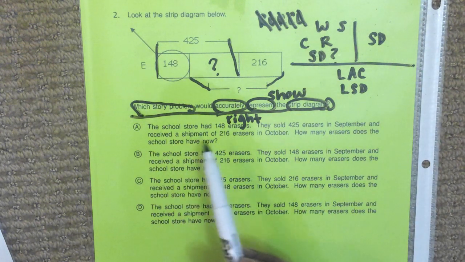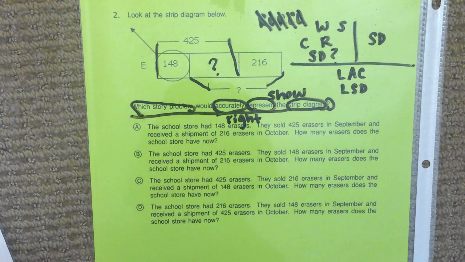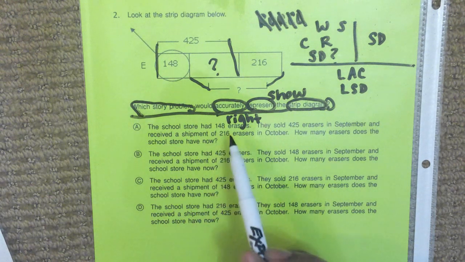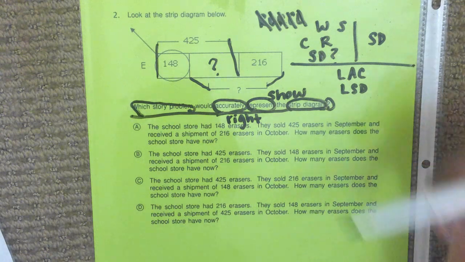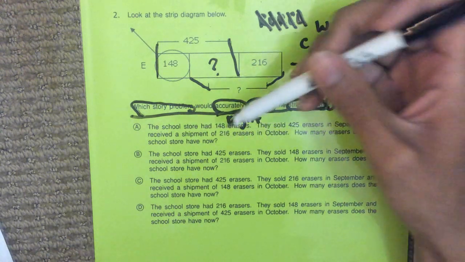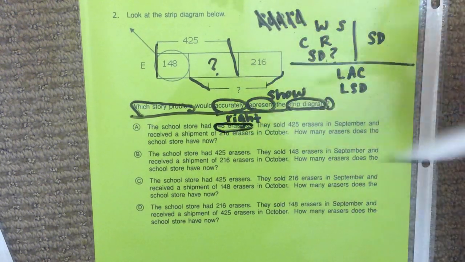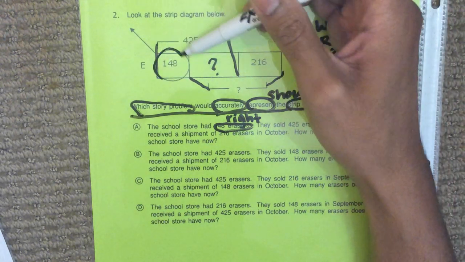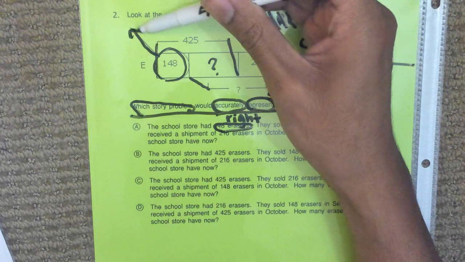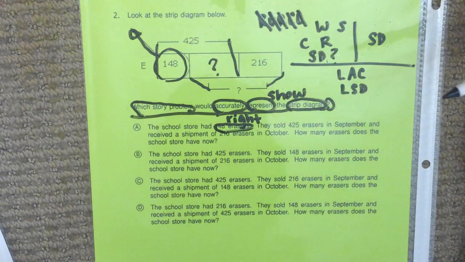It says the school store had 148 erasers. If they had 148 erasers, that sounds like a total. It doesn't say they had any more or any less. So let's go ahead and circle that 148 erasers. But here, it says that 148 is going away. That doesn't make any sense, because it doesn't say that they're going away.